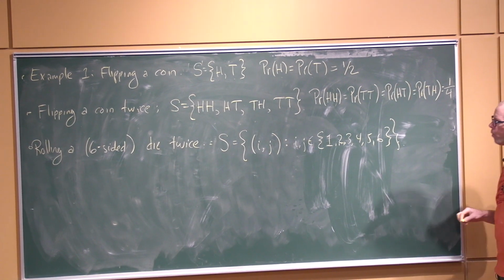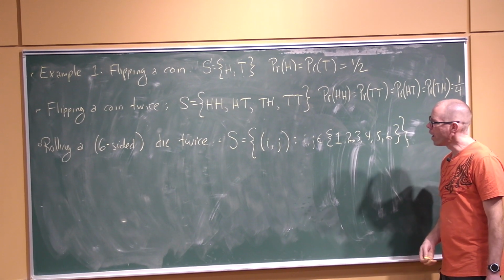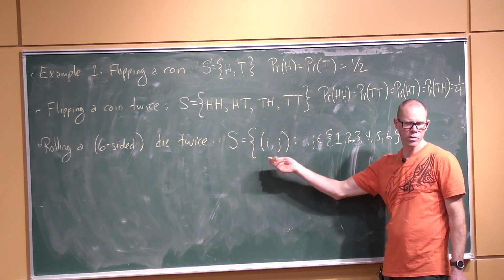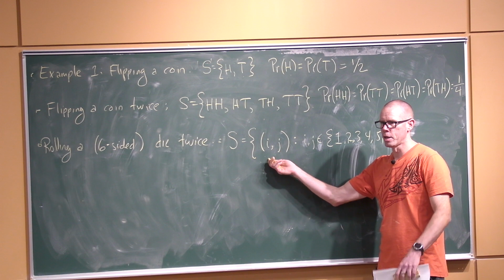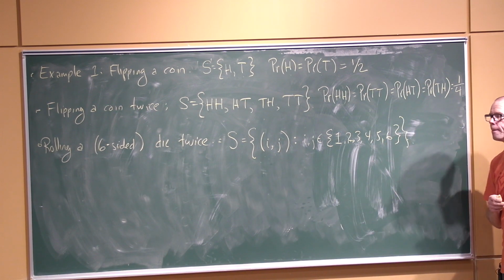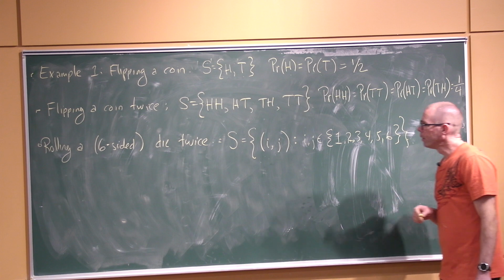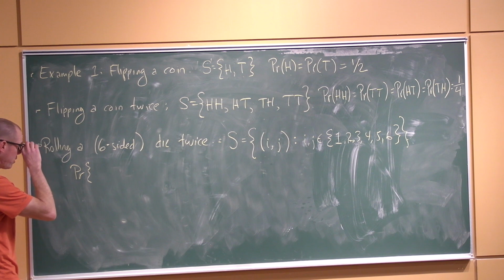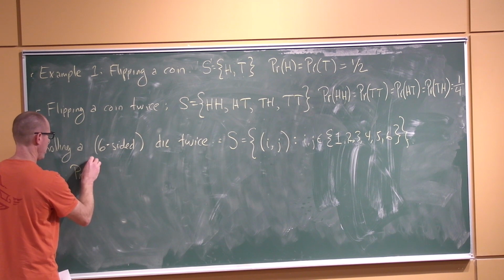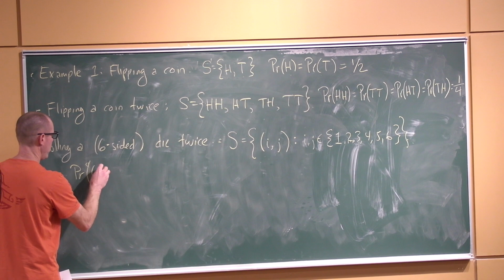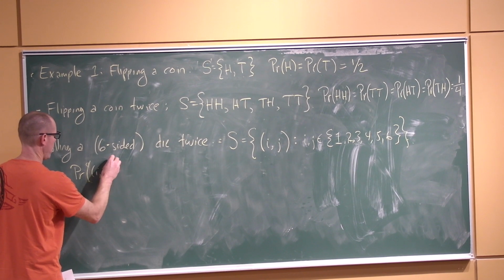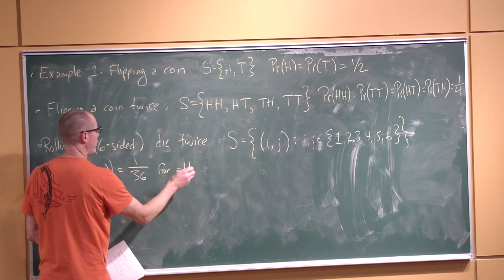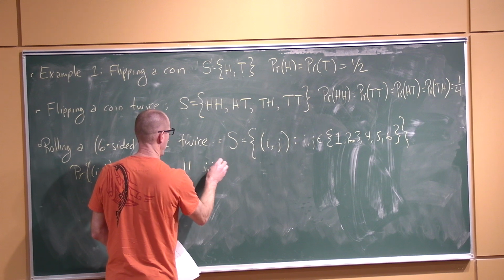So when I roll the same die twice, there are 36 possible outcomes: 6 possibilities for the first roll, 6 possibilities for the second roll. And usually in this model, which corresponds pretty well to reality, the probability of (i, j) is equal to 1/36 for all (i, j).